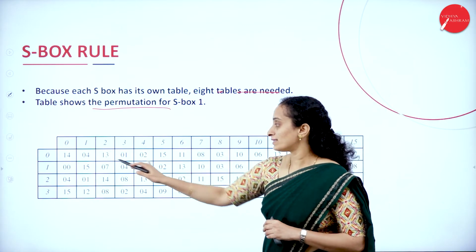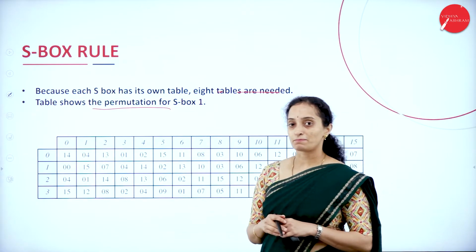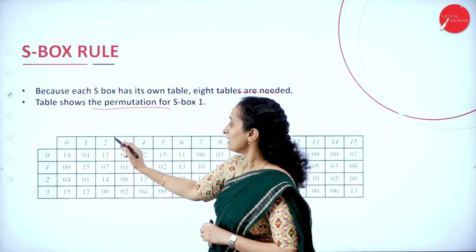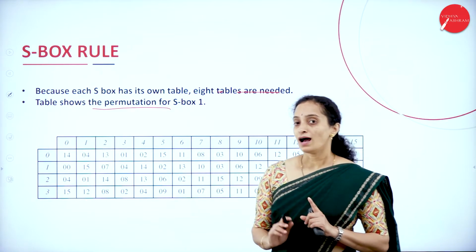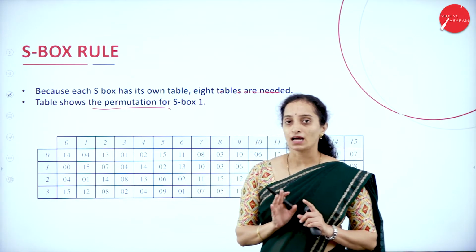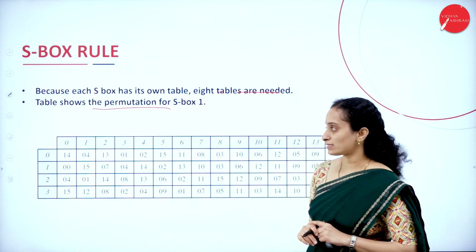In actual hardware and software it will be represented in binary. This table shows S box 1. I'm not showing all 8 boxes here; I'll provide them in the notes.